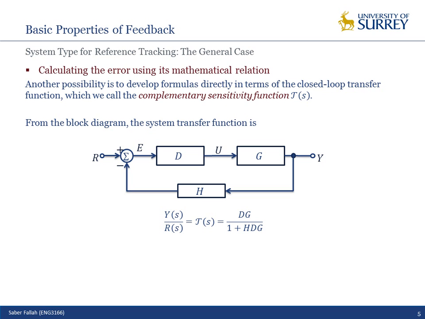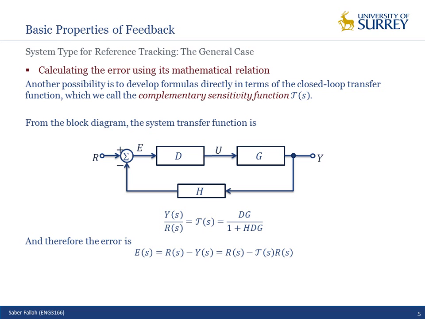If I have H, the complementary sensitivity transfer function will be DG over 1 plus HDG. According to the definition of error, which is reference minus output, it will be R(s) minus T(s)R(s).